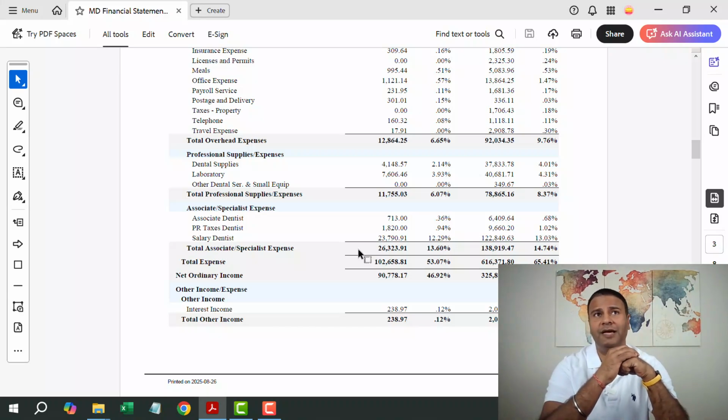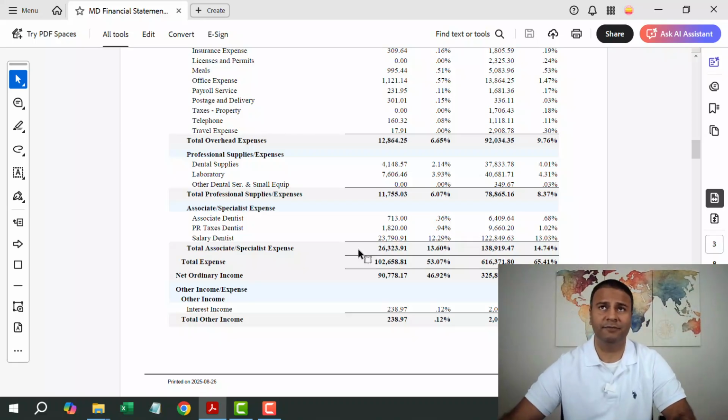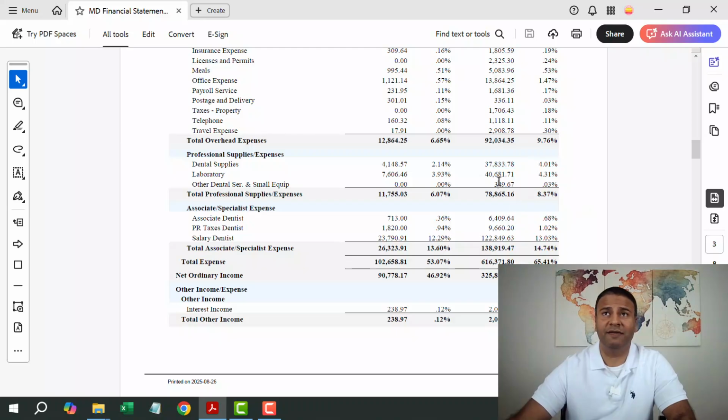This group has dental supplies and lab expenses and other dental and small equipment. So dental supplies and lab are fairly straightforward. You see that this practice spent about $37,000 in dental supplies and then $40,000 in lab expenses year to date.